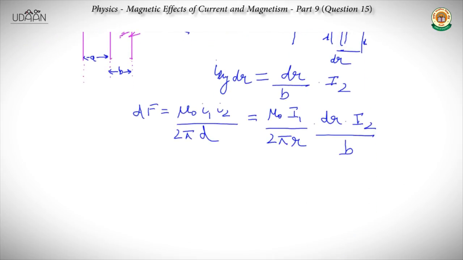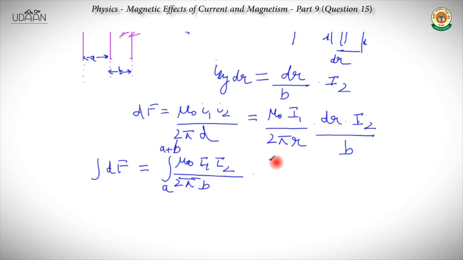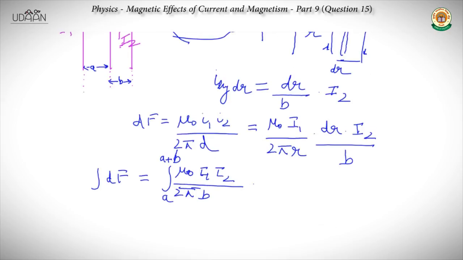So if we have to integrate dF, it equals the integral, r varies from a to a plus b, of mu naught I1 I2 by 2 pi b, dr by r.